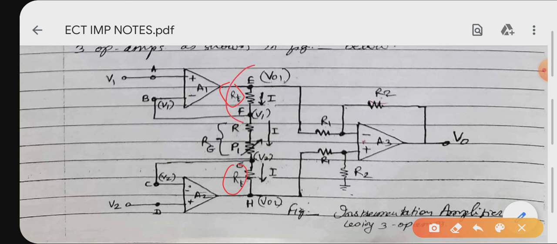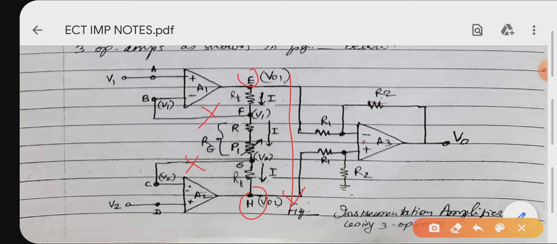This is the feedback resistor for op-amp A1, and this is the feedback resistor for op-amp A2. An operational amplifier draws zero current, the input bias current is zero, therefore no current is flowing through these branches. The same current I is flowing from point E to point H, as the current is not divided.